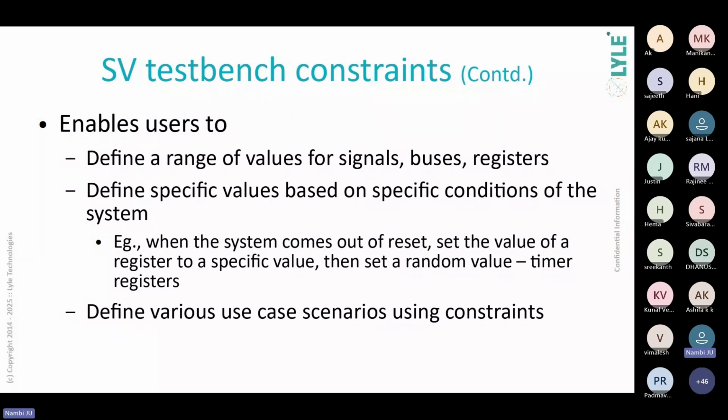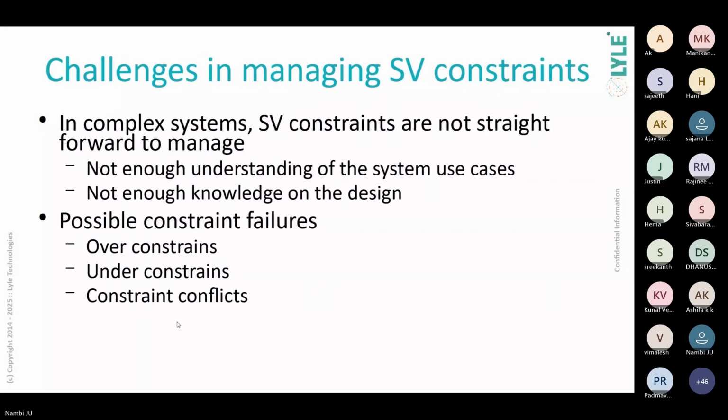So based on these different types of generation or setting constraints, the user can generate different use case scenarios for the environment or for the system that you are verifying.